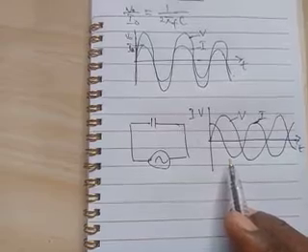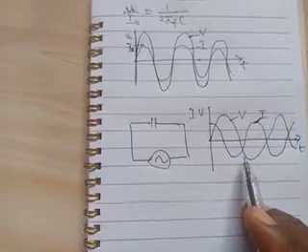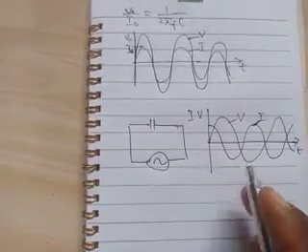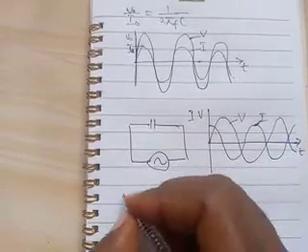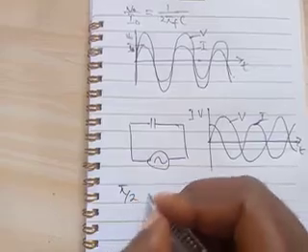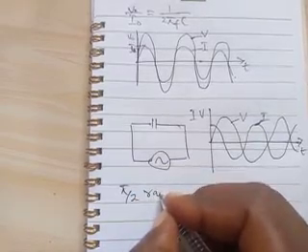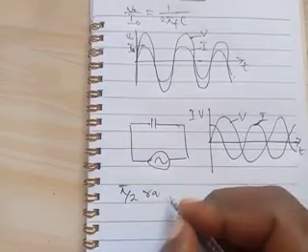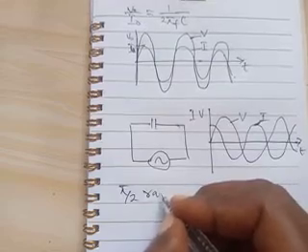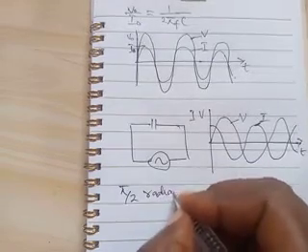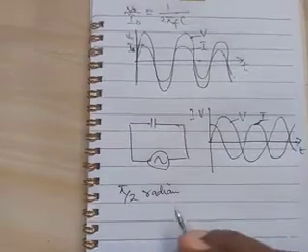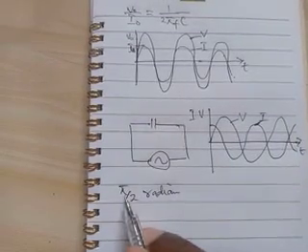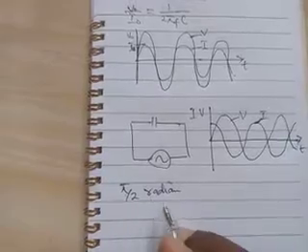potential difference, and I are not in phase. The phase difference is pi over 2. If you put it in radians, that's pi over 2, or in degrees 180 over 2, which is 90.